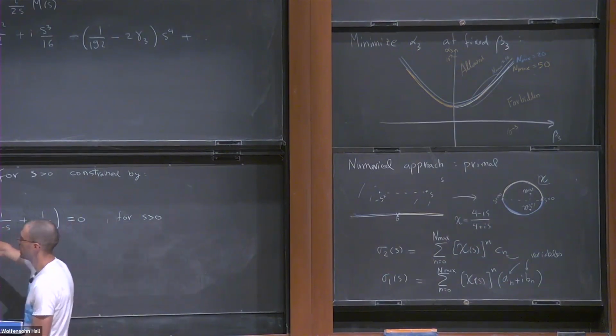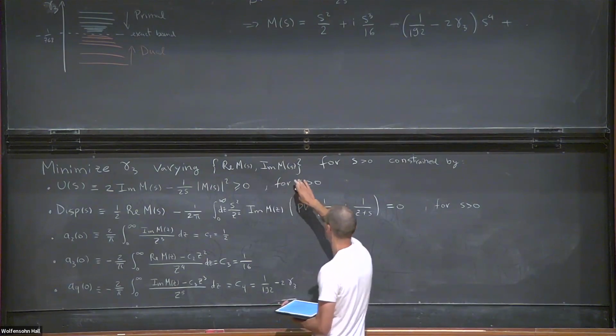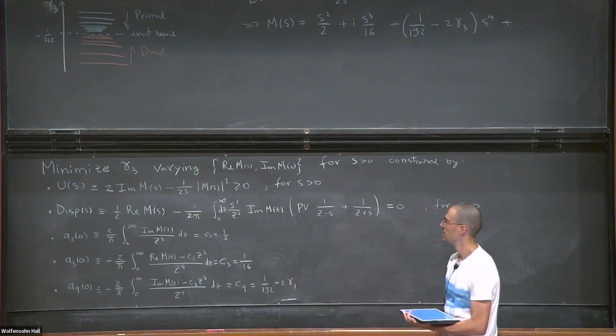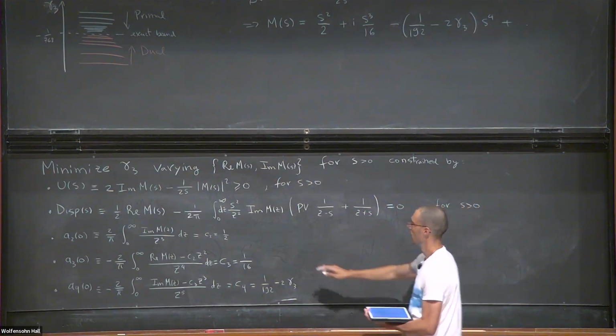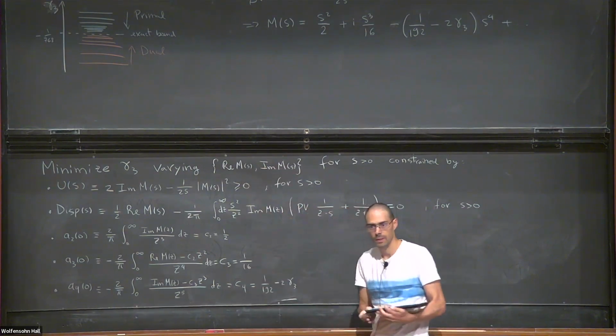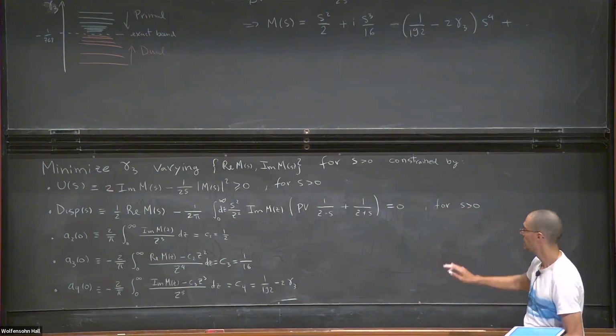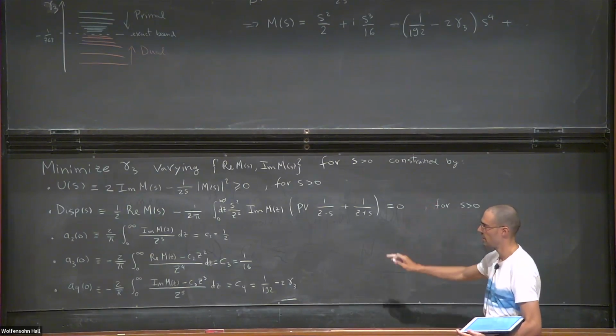So what we say is that the variables are these two functions, two real functions of a real variable s from 0 to infinity. And those functions are the real part of m and the imaginary part of m. So these functions, you first think of them as completely free, and they're just constrained by these 5 equations.